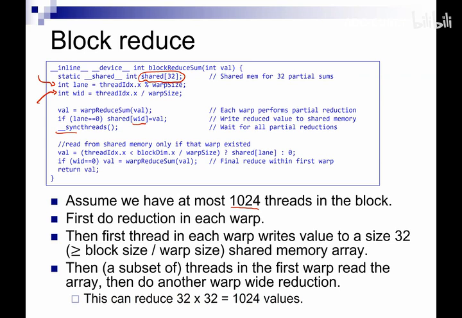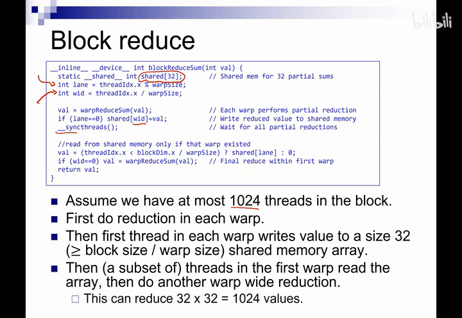Okay, so to do that, we want to use the warp-based algorithm again. So we're going to copy the values from the shared array into registers, because the shuffle operations only work on registers.